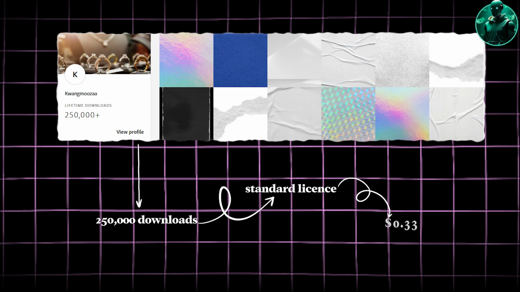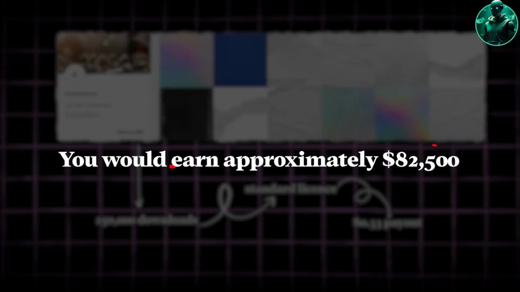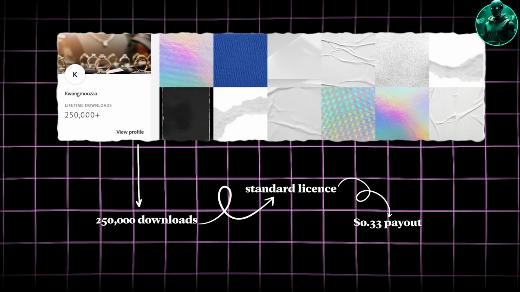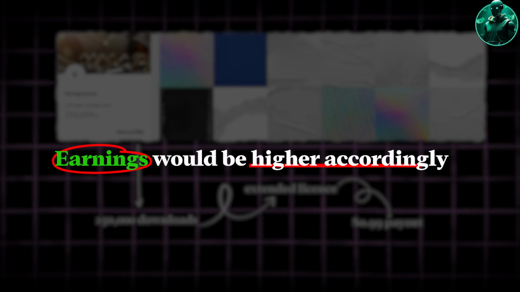If all 250,000 downloads were under this standard license with a $0.33 payout per download, you would earn approximately $82,500. If the per download rate is higher, like $0.99, or if there are any downloads under an extended license, then the earnings would be higher accordingly.